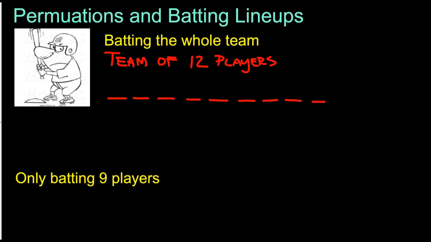I'll show you what it looks like longhand. How many choices do you have for players to lead off? 12 times 11 times 10 times 9 times, and then you can kind of see how this ends up just becoming 12 factorial, don't you?